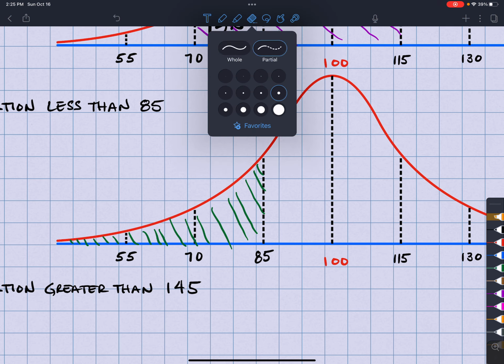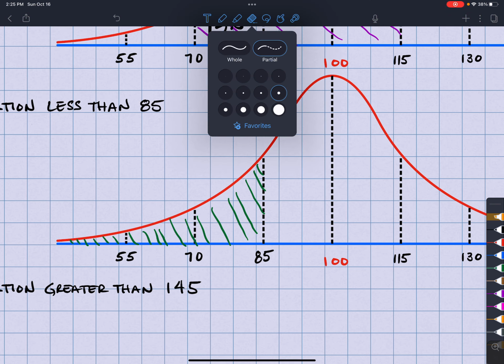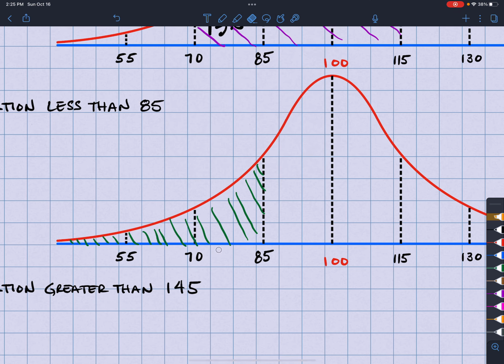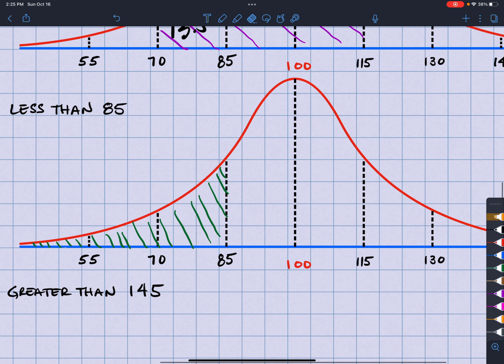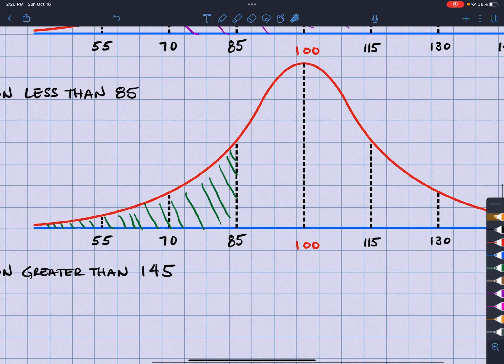Okay, now you have two ways of doing this. One is that you can add up all of these together if you want to, right? This was 13.5, this was 2.35, and this was 0.15.